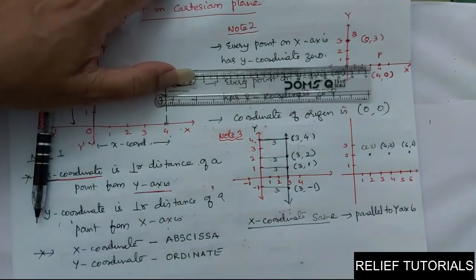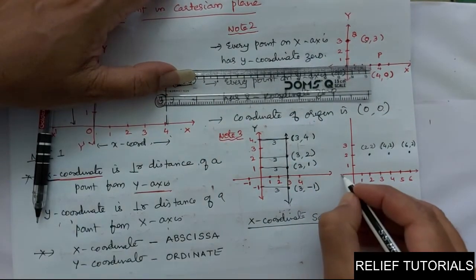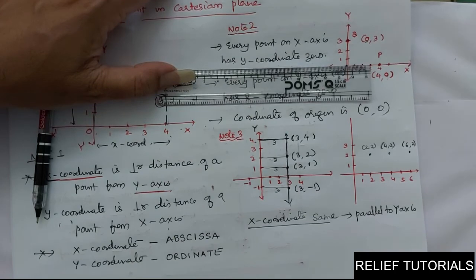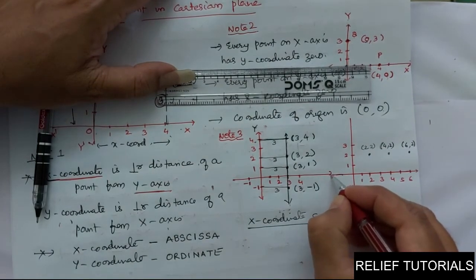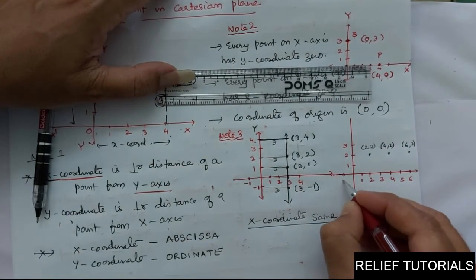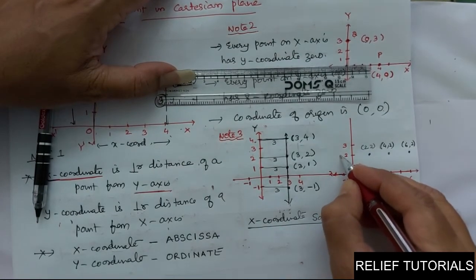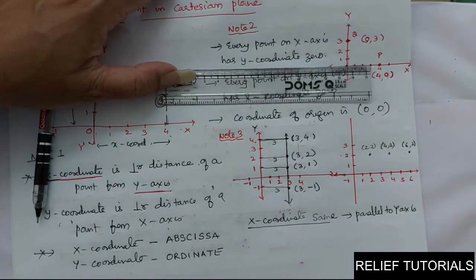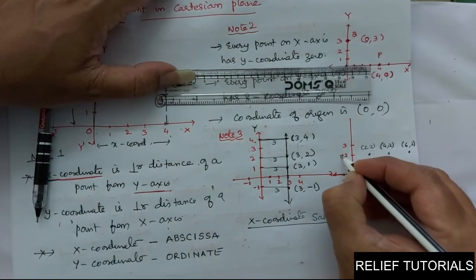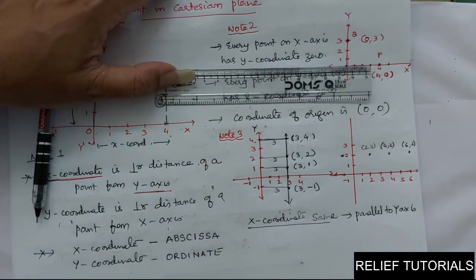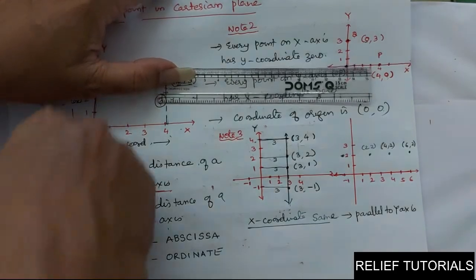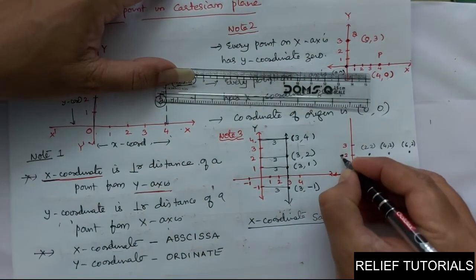Minus 1. If I take this point here, clear? So what will be the coordinate of this?